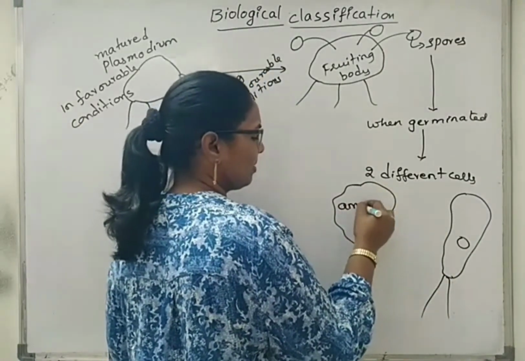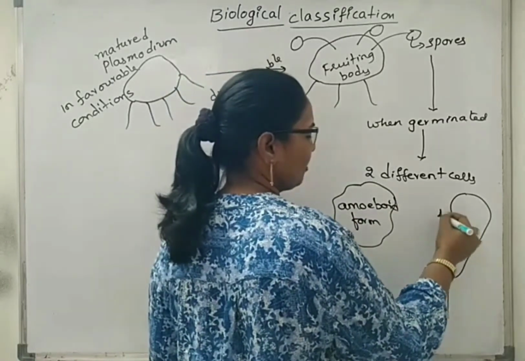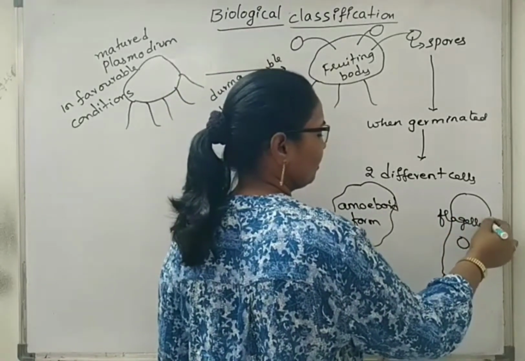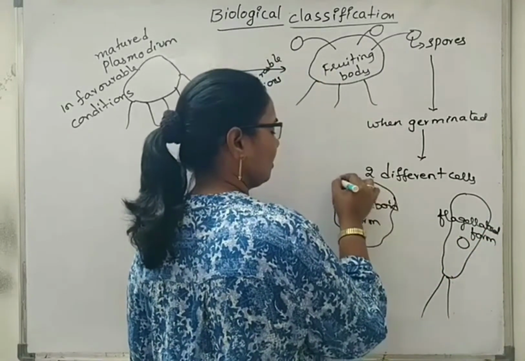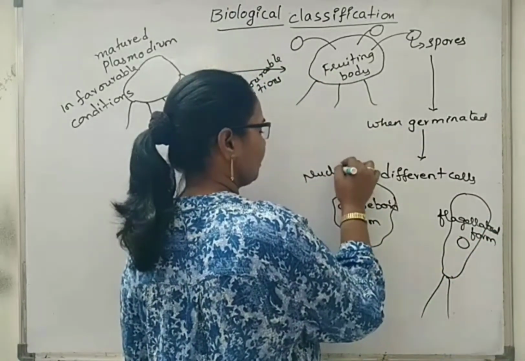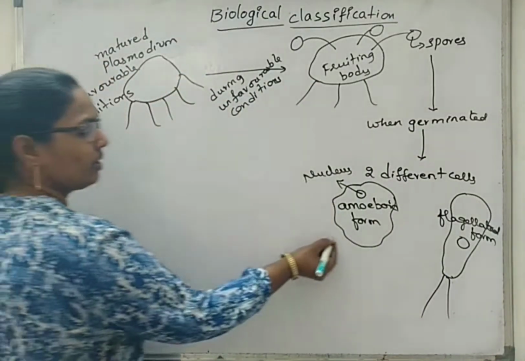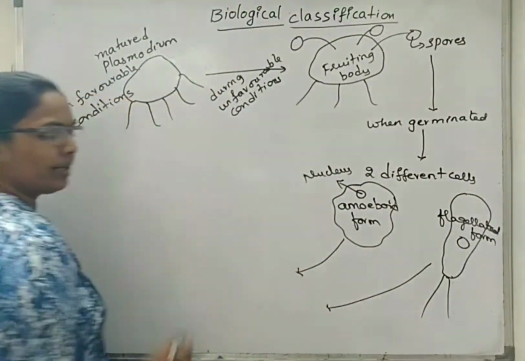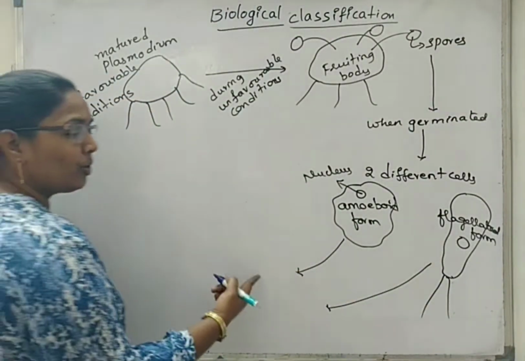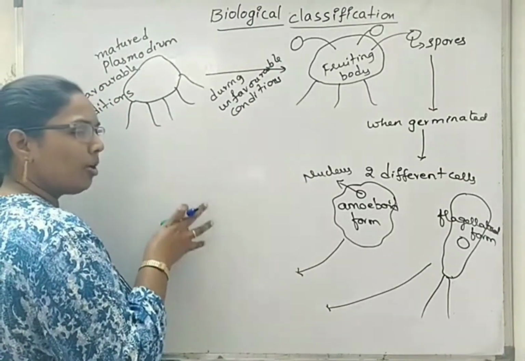So this is the amoeboid form, this is the flagellated form. So this will be the nucleus. Again, many will be formed like this, many flagellated forms, many amoeboid forms. They both tend to fuse with each other to form a new colony of the slime mold.